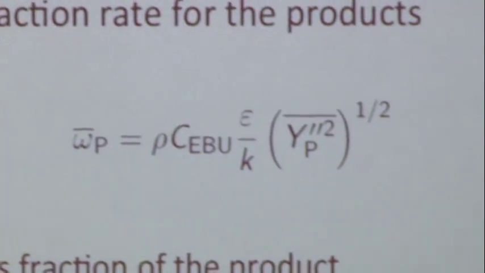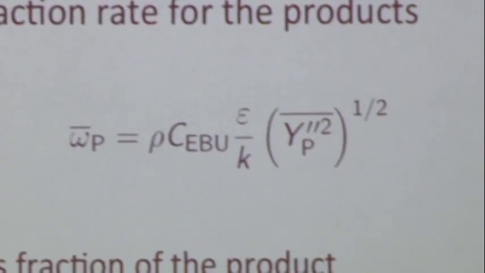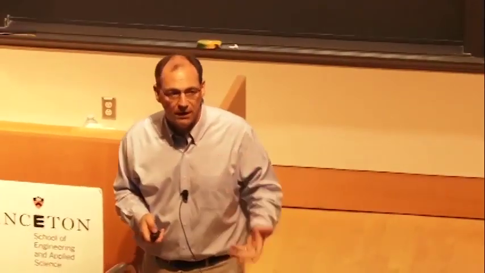Remember the dissipation rate earlier for mixture fraction. We said we can model it by epsilon over k times the variance of mixture fraction. So this here looks very much like a dissipation rate for the product, or let's say for the hot gases.